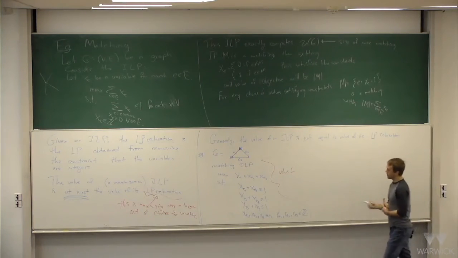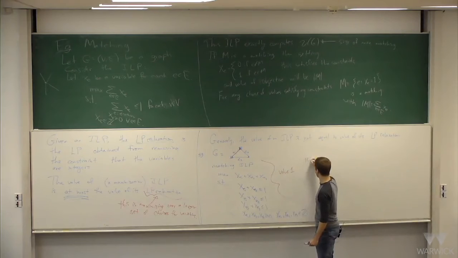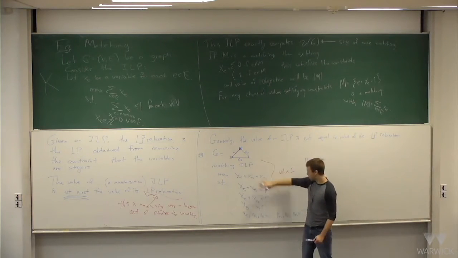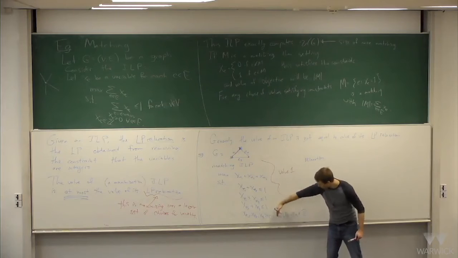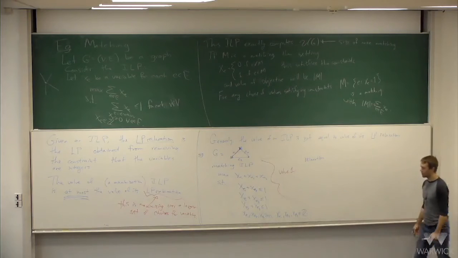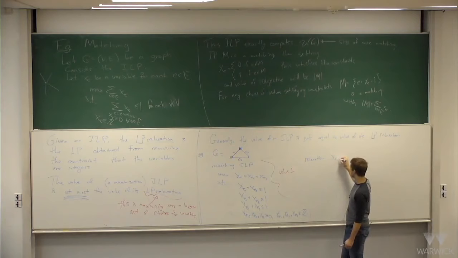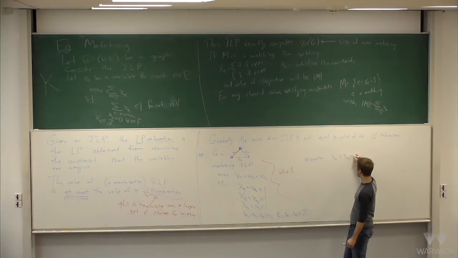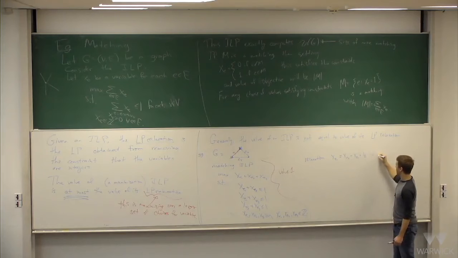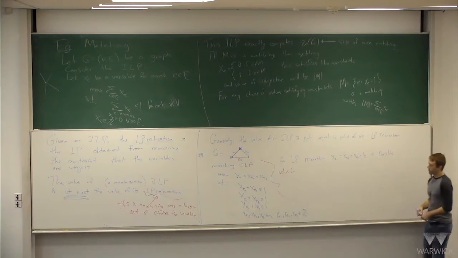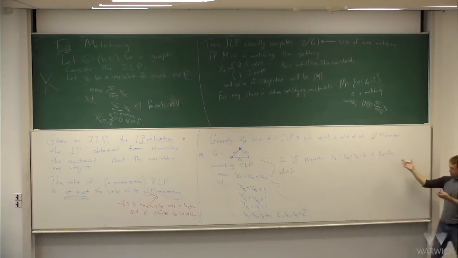But if I look at its relaxation, that's the exact same linear program, except I ignore this integer constraint. Well, for the relaxation, setting all the variables equal to 1/2, for example, is feasible, because it satisfies the constraints.